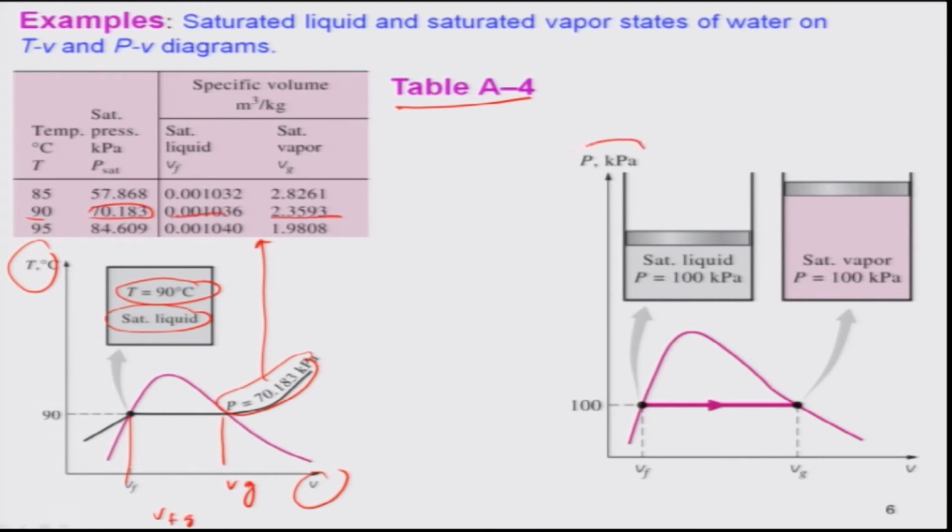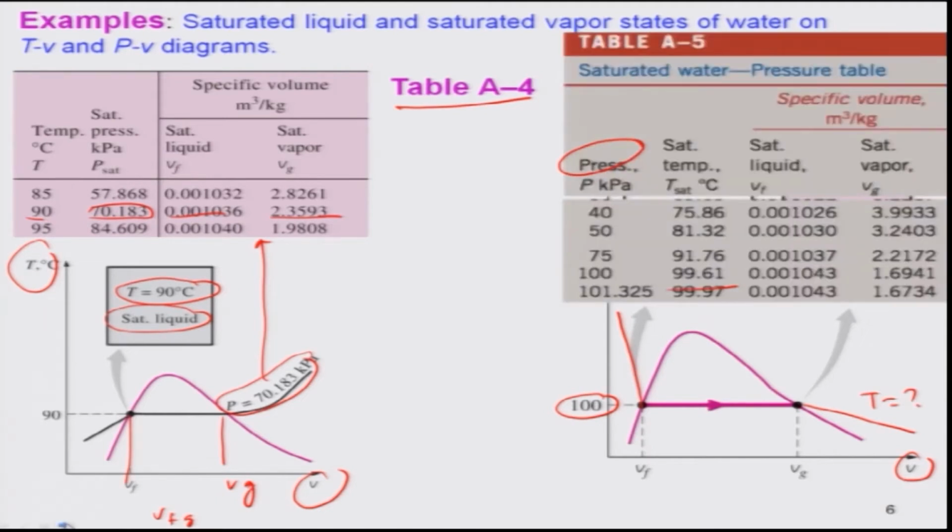This is an example of pressure versus volume, and for 100 kilopascal you can find out what particular condition it is. So this is going to be like this. So what is your temperature for such a system, okay. You can look at A5, because A5 gives you this pressure and the temperature.